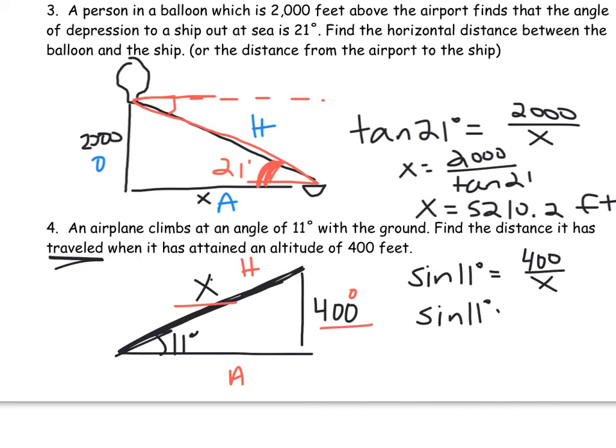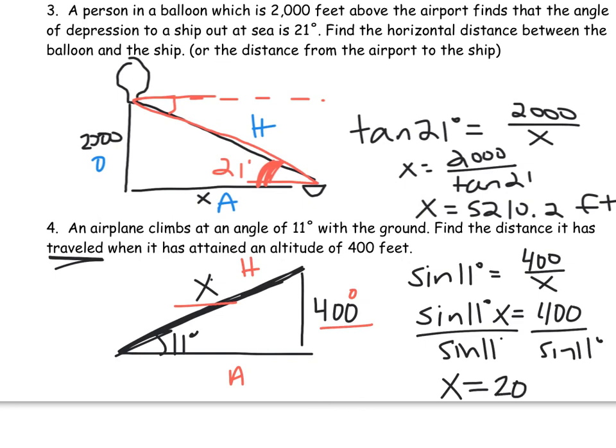So sine of 11 degrees times x equals 400. Divide by sine of 11, and I could have found sine of 11 already, whichever order you do it. If it wanted the adjacent side, it would have asked for the ground distance, and still feet.